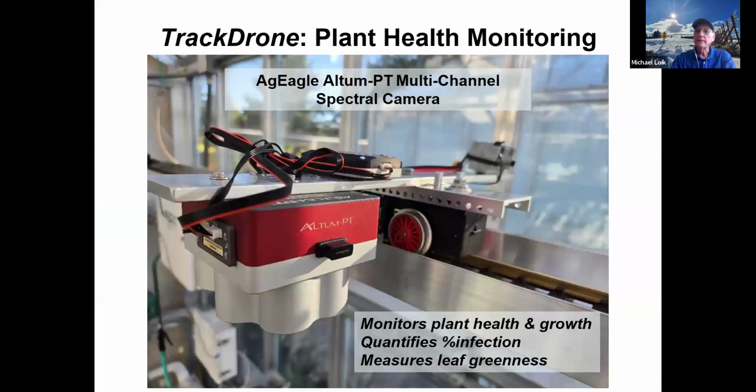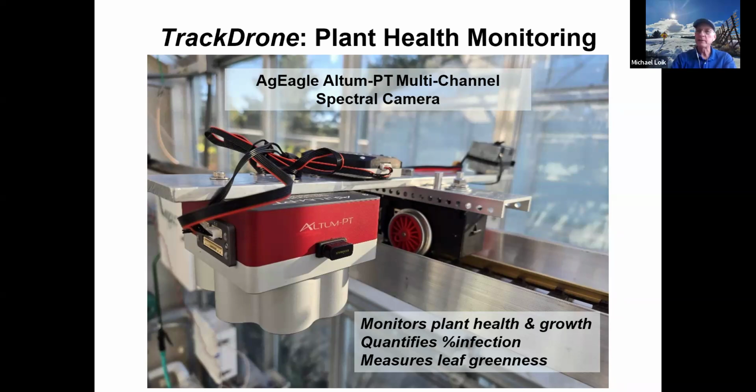And Track Drone was inspired by conversations with a company called Ag Eagle. Some of you may know them. They build this sensor in this image that gets strapped to drones and flown at 100 or more feet up in the air to assess the health of farm fields and whether there's irrigation issues or fertilizer issues or pest or pathogen issues.